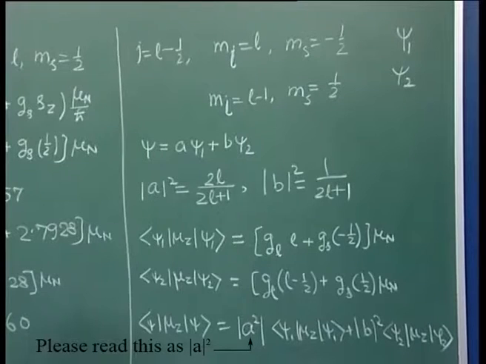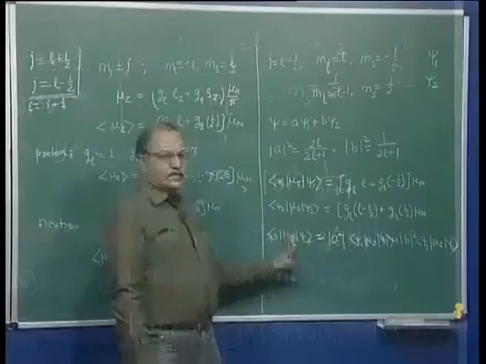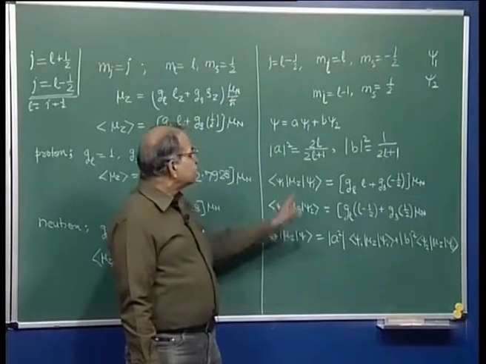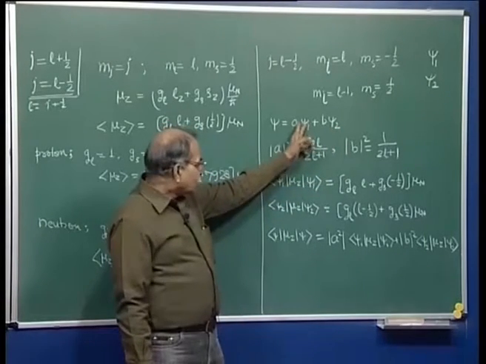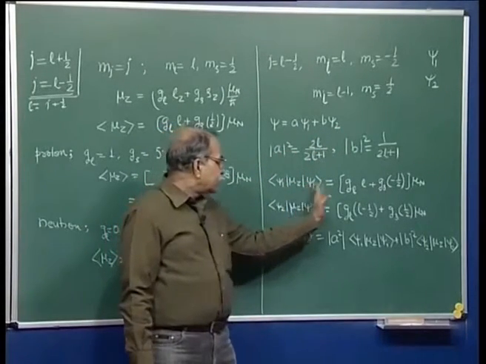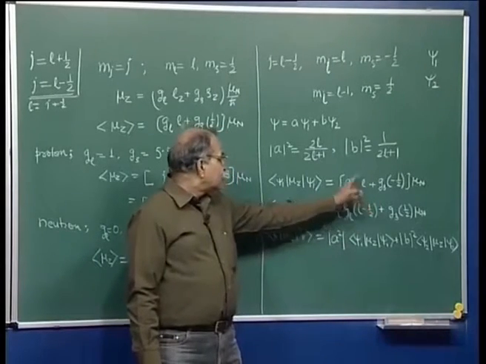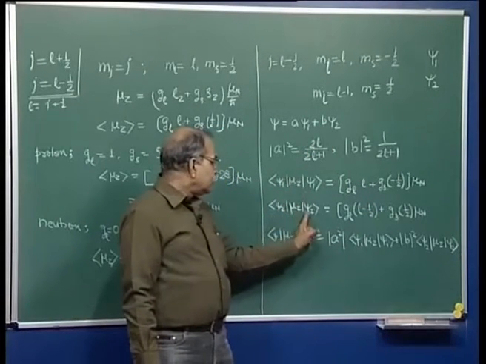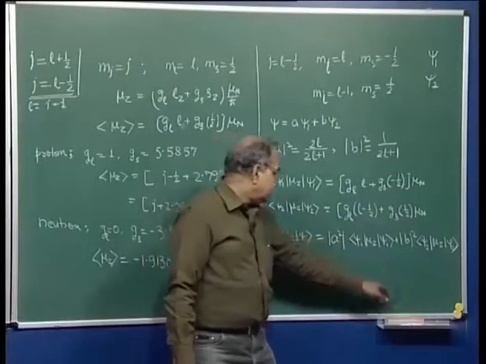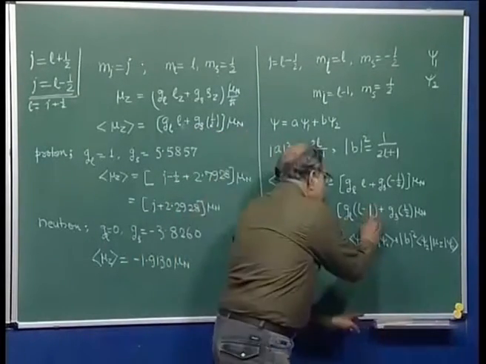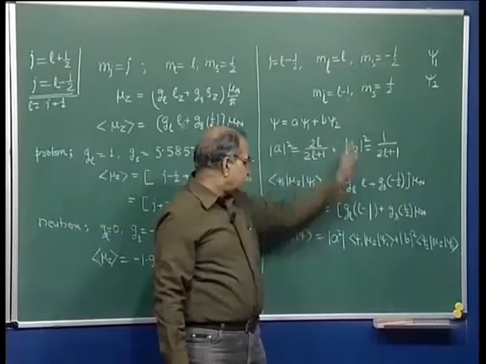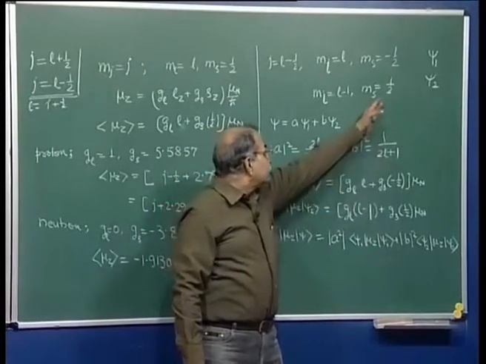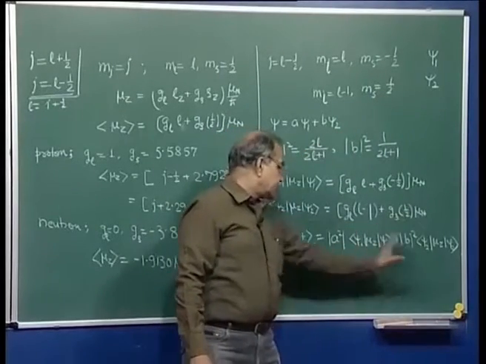So the net average magnetic moment has to be calculated in this wave function psi, which is A psi 1 plus B psi 2. For pure psi 1, the expectation value would have been this, and for pure psi 2 it would have been this, not L minus half, it is L minus 1, because this ml is L minus 1 here, and this half here.